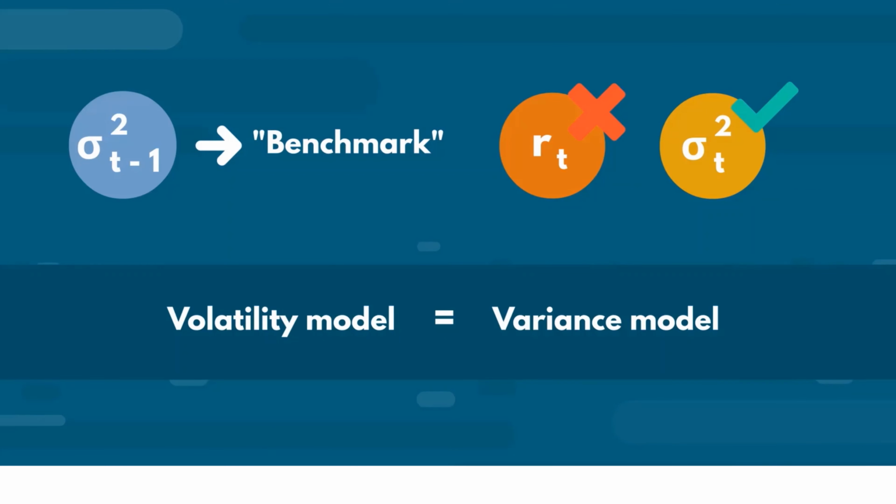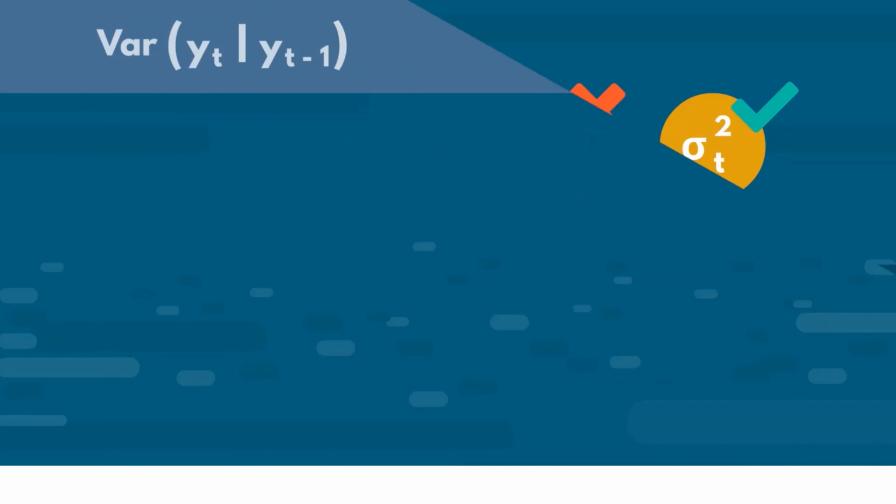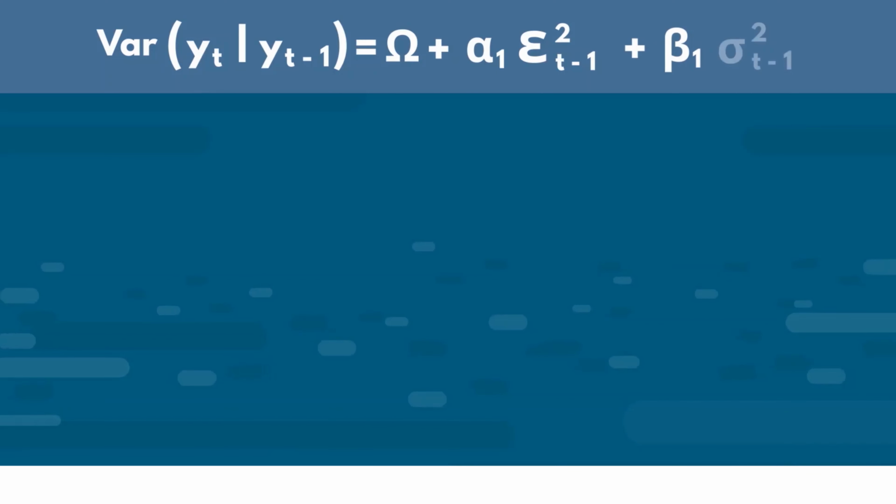Then the equation will read as follows. The variance of y in period t dependent on y in period t minus 1 is equal to omega plus alpha 1 times epsilon in period t minus 1 squared plus beta 1 times sigma squared in period t minus 1.